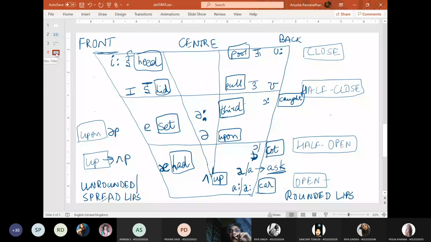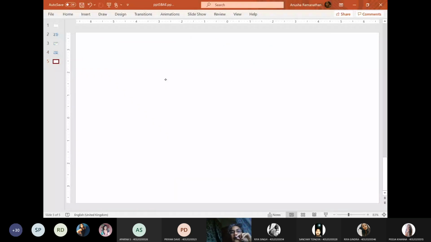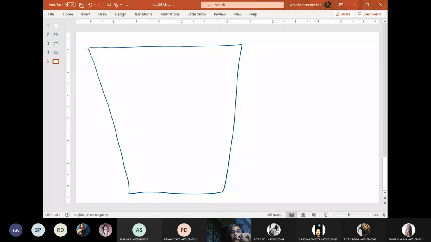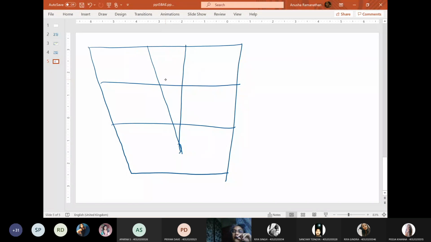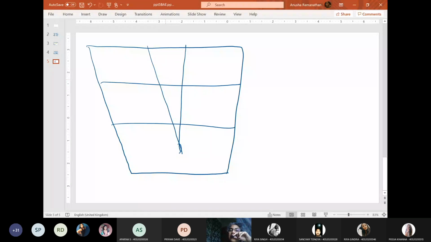What also occurs in these sounds is that when I draw a chart, I'm going to just draw a very quick chart out here. There will be diphthongs that move from one position to the other. So, for instance, if I have a sound like what you talked about as try, how does try really emerge?